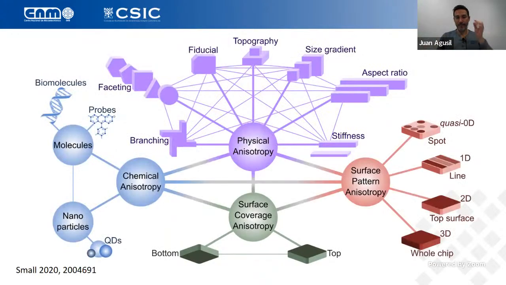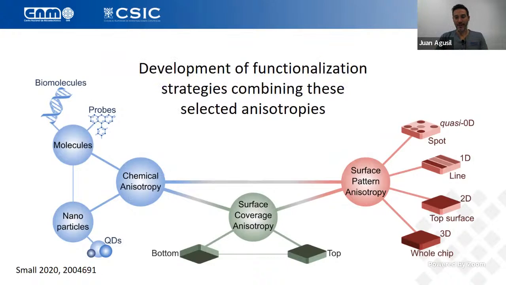So these four main anisotropies build what we call the universe that creates the most customizable surfaces or particles for your own uses. But for this presentation, we're only going to use these three: chemical, surface, and surface coverage anisotropy, to develop a functionalization strategy for your substrate or your microparticle.